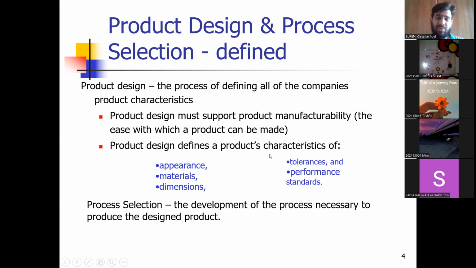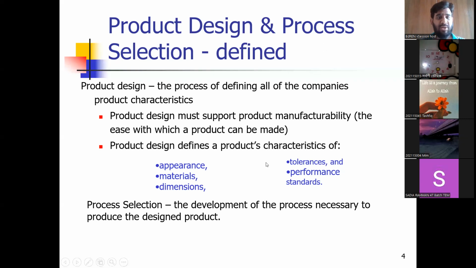Product design defines a product's characteristics, its appearance, the materials that you use, whether the materials are of high quality or low quality, dimensions, what is the size, and the tolerances. Tolerances means how much deviation there is from the standard. Performance standard, whether the product can satisfy the users.